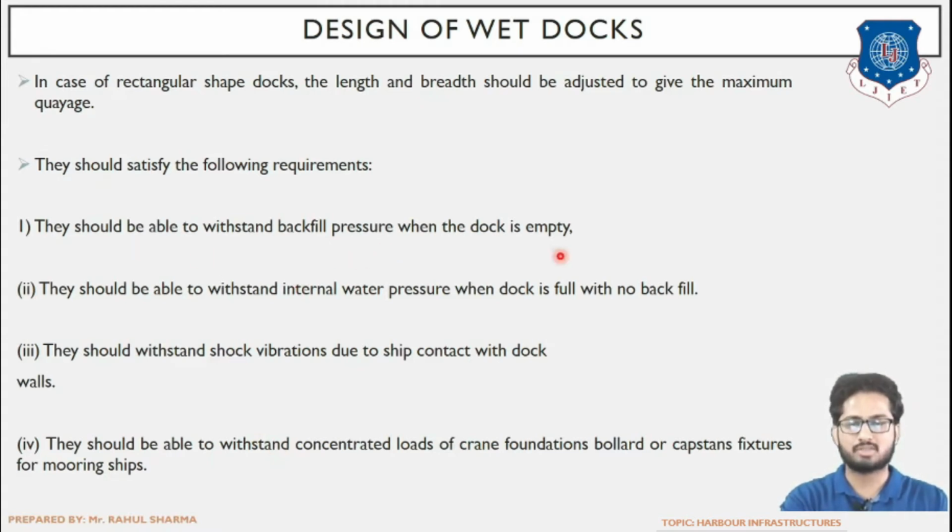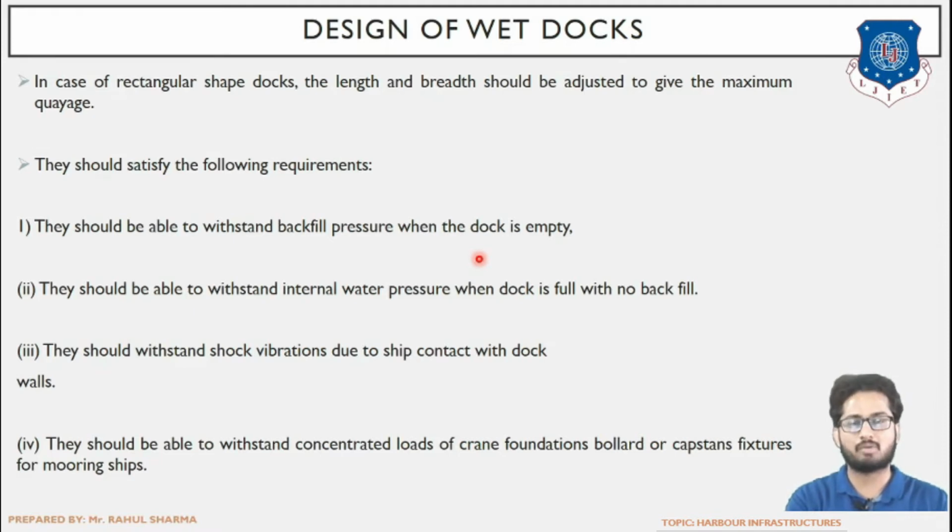So first is the situation where the backfill pressure exists, that is behind the dock wall there is filling or embankment which is applying the pressure on the wall, and inside the dock is empty. That is, before opening the gates there might be a possibility that the wet dock is empty, and so the backfill, that is the filling which is beside the retaining wall, will be applying pressure on the wall, and to counteract that force there is no water inside the dock.